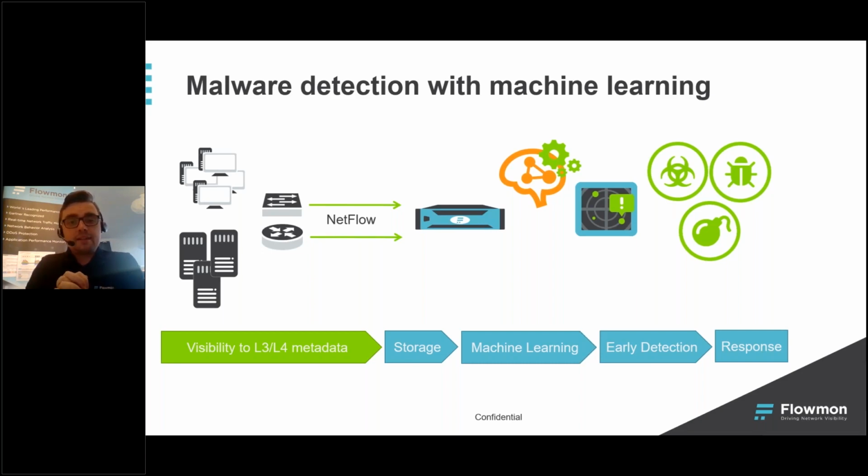Having collected all the information on the collector, we see the characteristics of the traffic, the volumes, and the IP addresses involved in the communication, and using machine learning we can find out that there is something different.